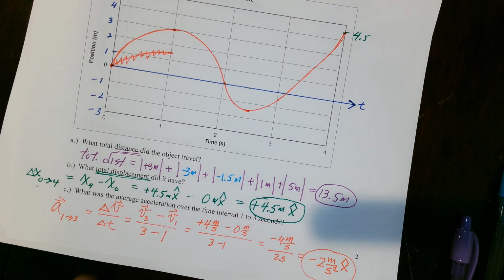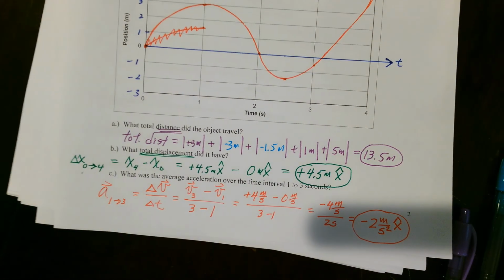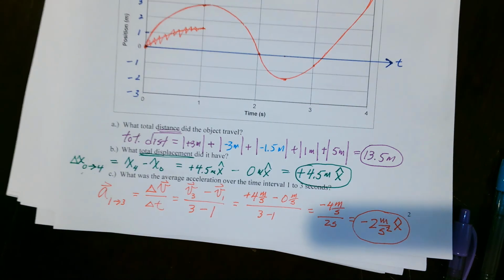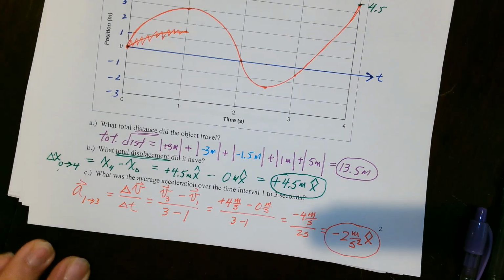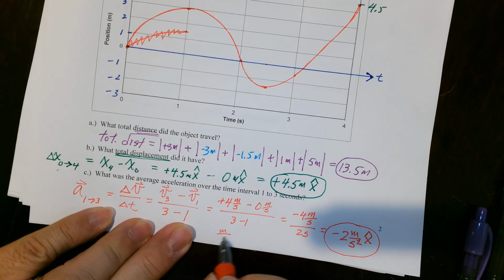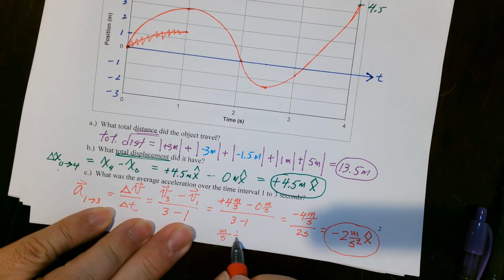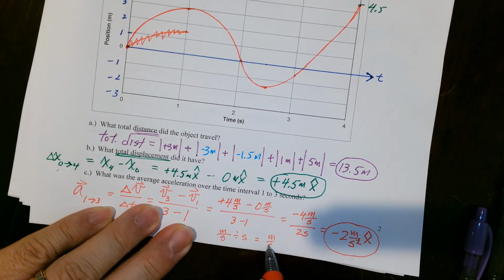Now, some people may say, well, Mr. Kim, doesn't the seconds get canceled out? And the answer is no. Why not? Well, if you have meters per second divided by second, that is the same as meters per second times 1 over second.